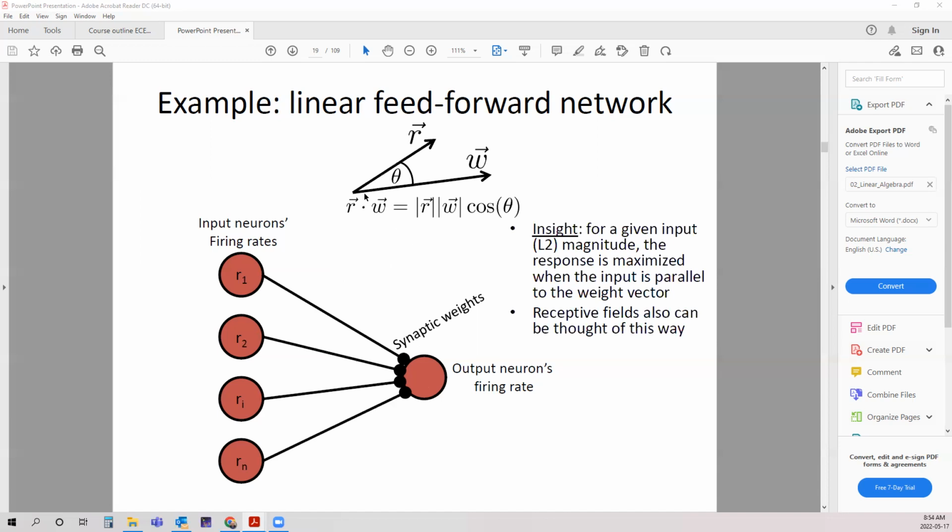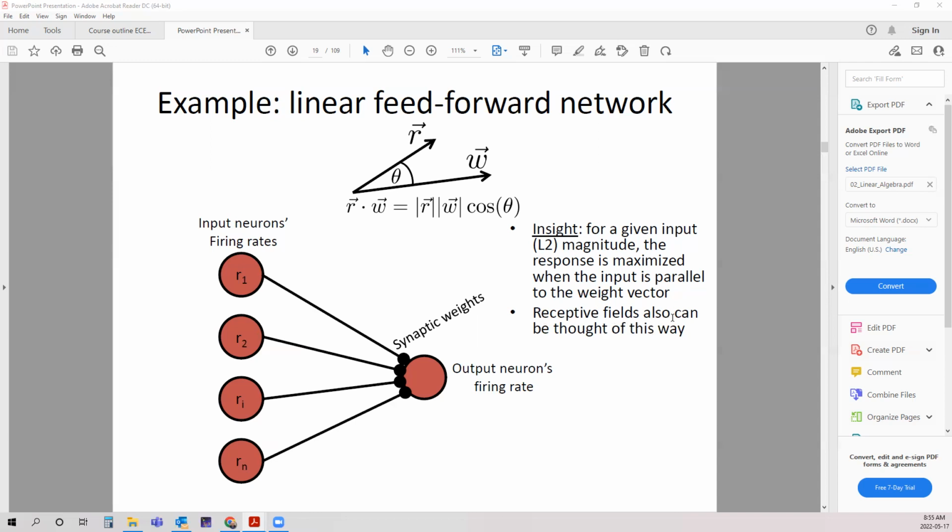At the same time, if we simulate this with a vector R for the neurons, with the vector W for the weights, then it will be the product of R times W, then all of them times the cosine of theta, which is the angle between R and W. So for a given input L2 magnitude, the response is maximized when the input is parallel to the weight vector.